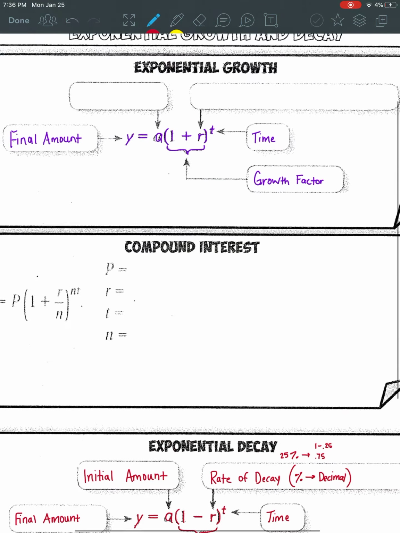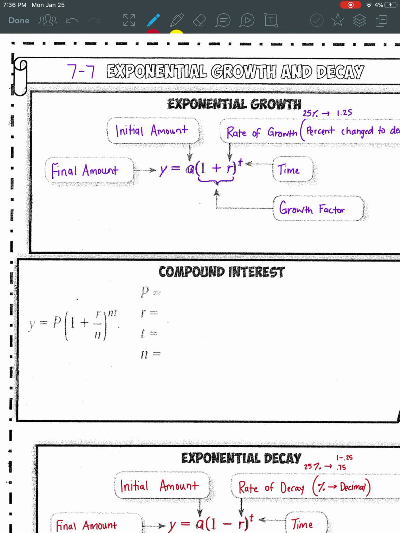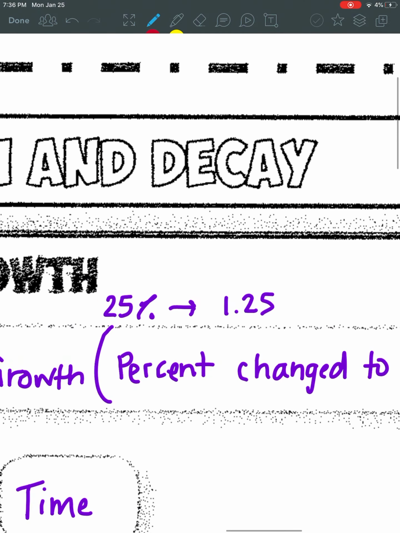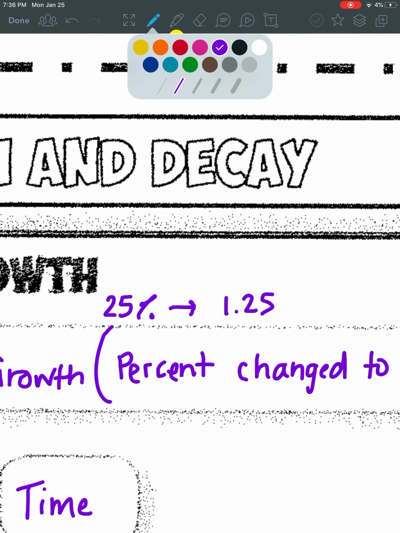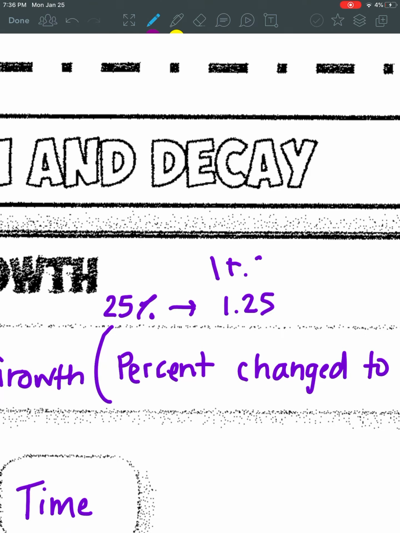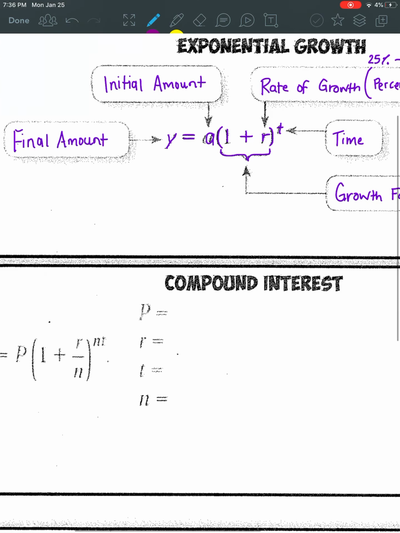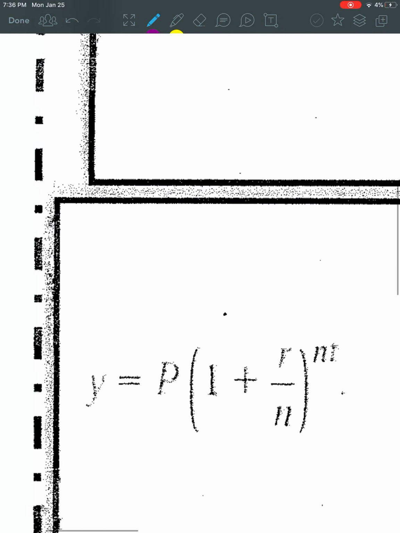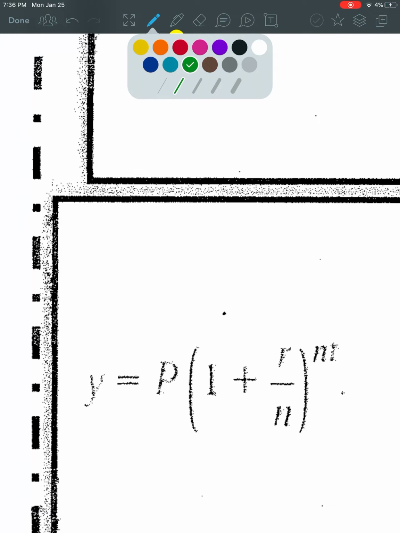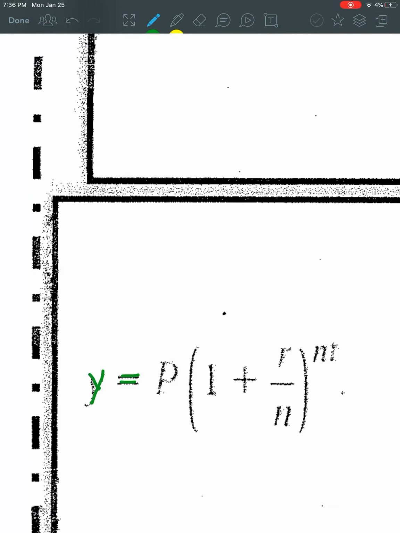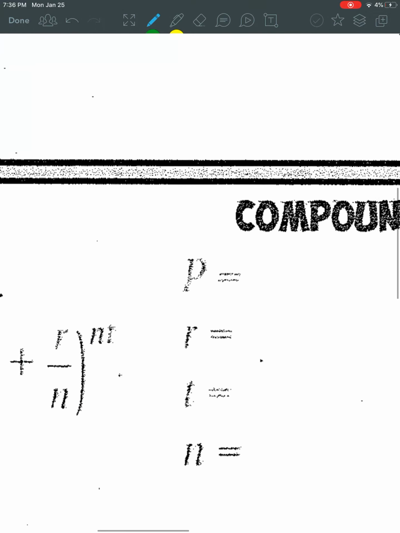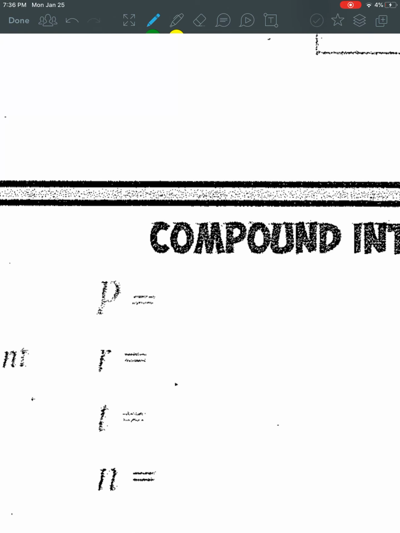Okay, now compound interest, again, a similar equation, except that we have to take into consideration how many times it is going to be compounded per year. Up here, I'm going to write what I did down below and show you the 1 plus 0.25. That's where the 1.25 came from. Okay, so y still equals your total amount. That's what you're solving for.